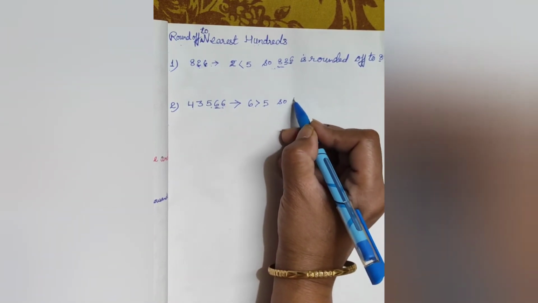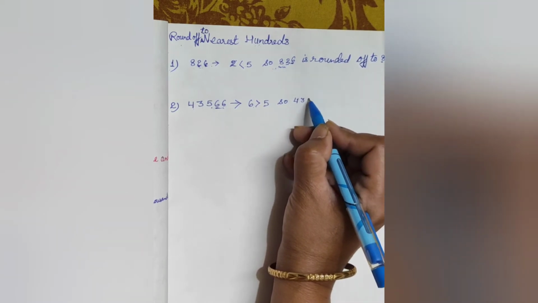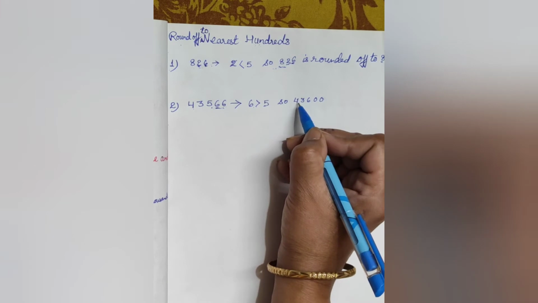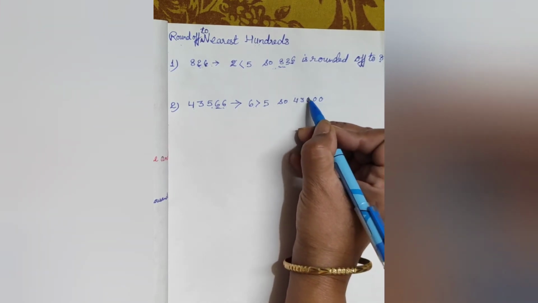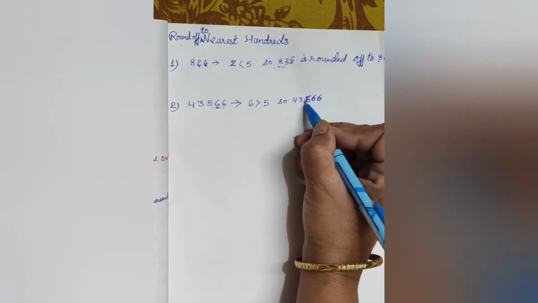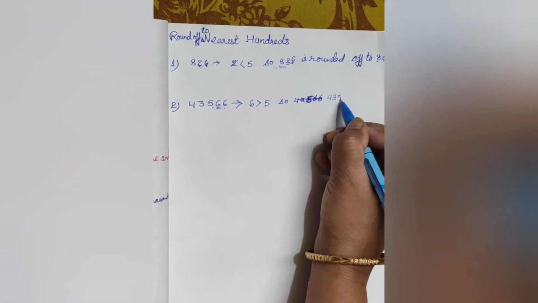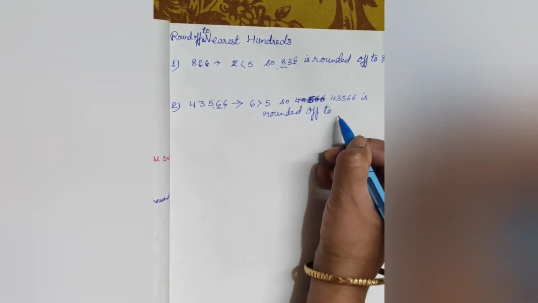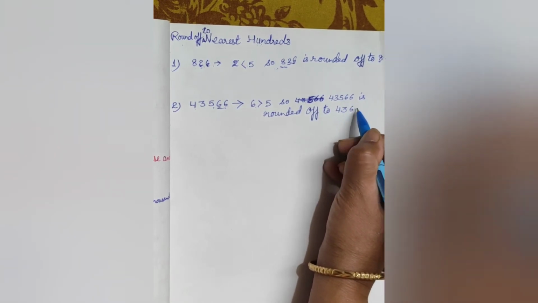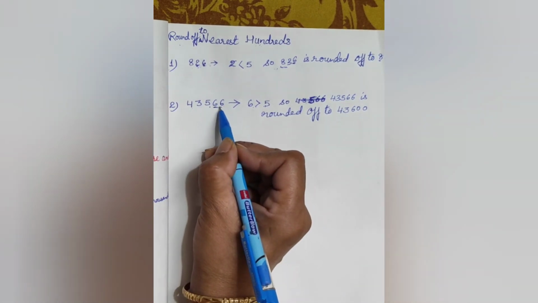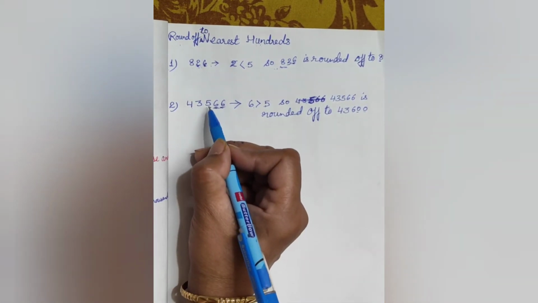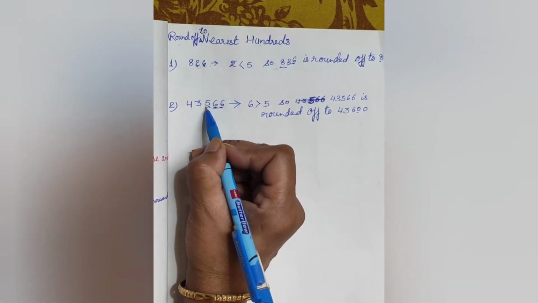So 43,566 is rounded off to 43,600. According to the rule, ones and tens place digits are replaced by 0 and the hundred digit is increased by 1.